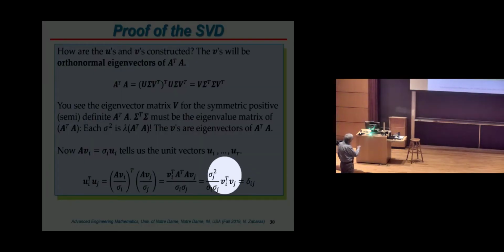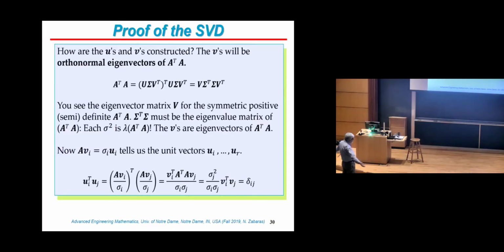This ratio, for i equal to j, that's the only time you get a non-zero. They cancel, and you get that ui transpose uj equals delta ij. So the u vectors, by a miracle, come to be orthonormal.